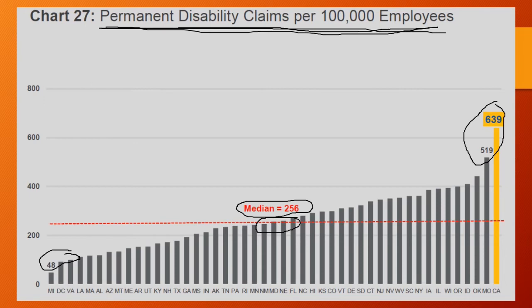So you'll notice that California has more than 2.5 times. 2 times would be 512 disability claims per 1,000 employees. California exceeds that even by another 50%, 2.5 times the nationwide median.